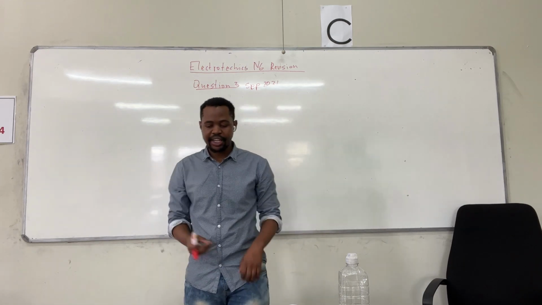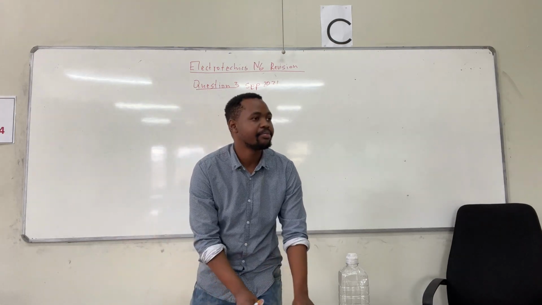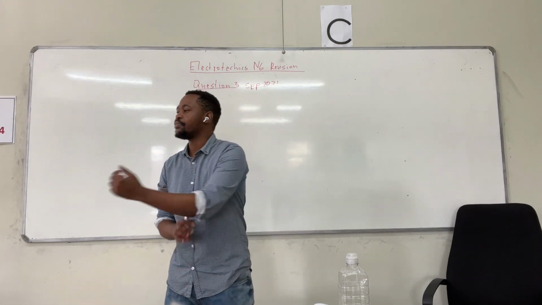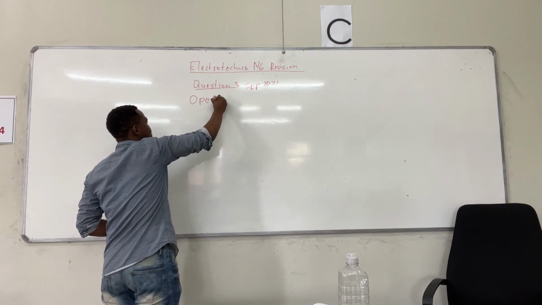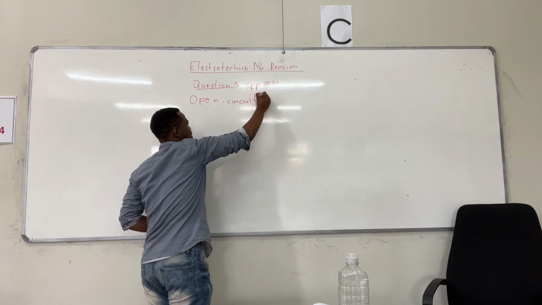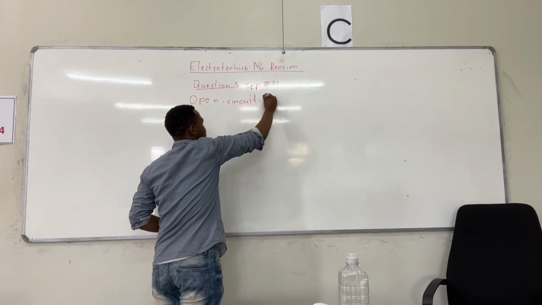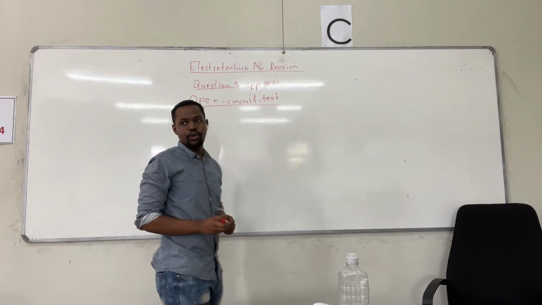A transformer on no load draws a small amount of power. Remember, yesterday we covered the open circuit test. Basically, the open circuit test is a transformer at no load.